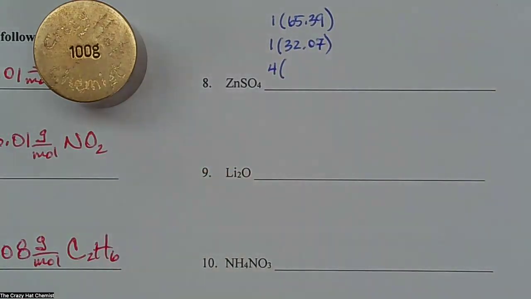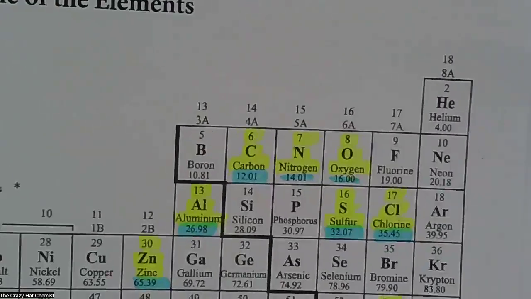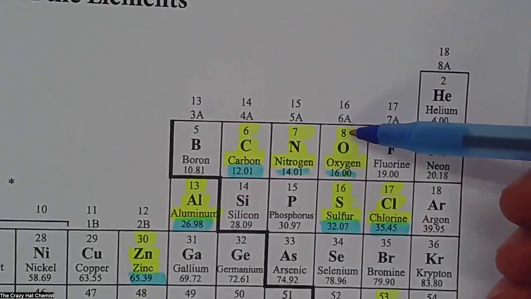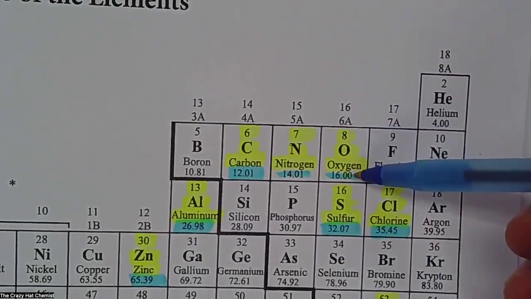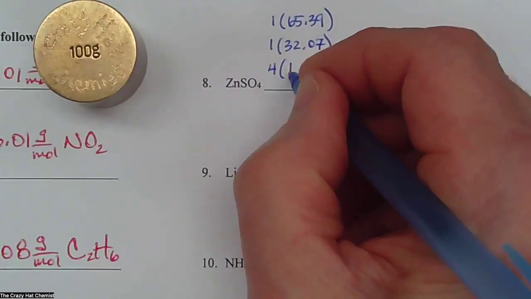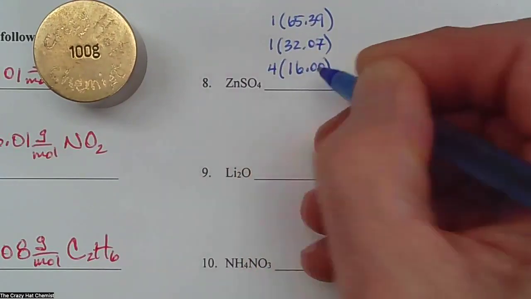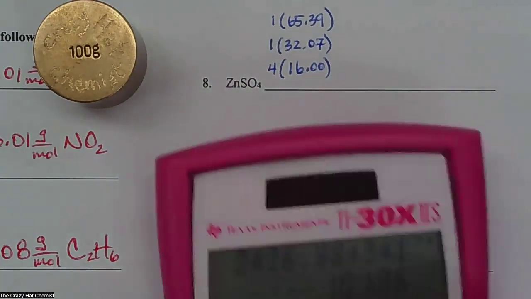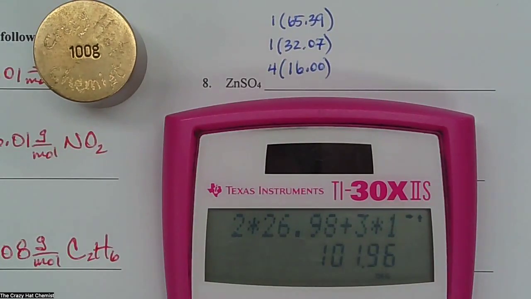Then there are 4 oxygens, and we've done the molar mass for oxygen a few times. We'll do it some more as well. It is atomic number 8, O oxygen, 16.00. Excellent. We're going to key this into our calculator here, and you can watch this.